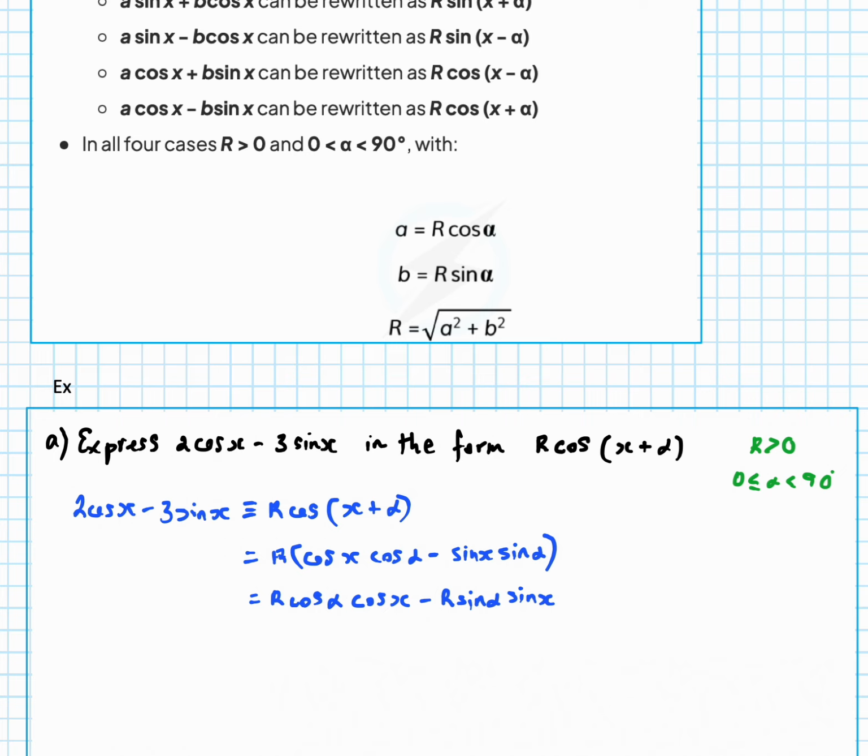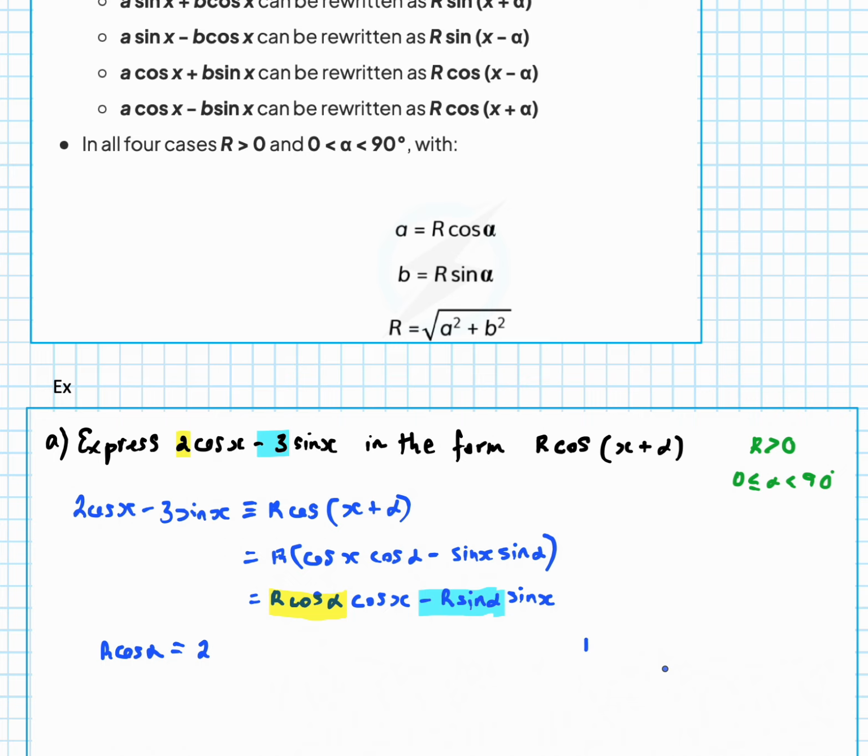So we've multiplied that out, and now we can equate what we have. So we have 2 cosine x and minus 3 sine x, and they are equated to those parts that you see highlighted. So R cosine alpha is equal to 2, and you can solve that there.